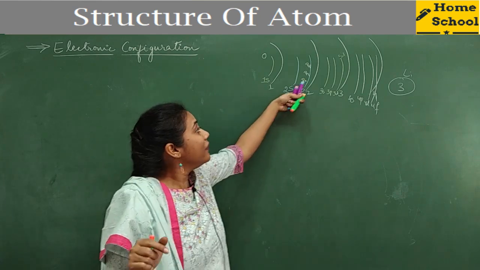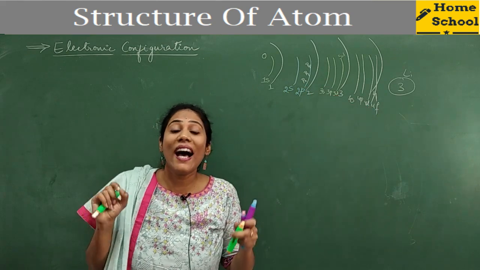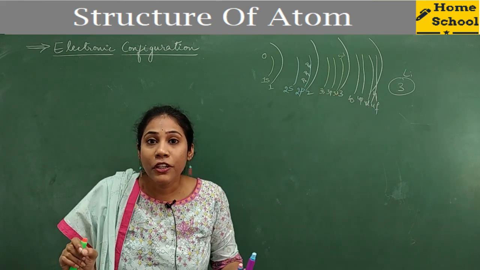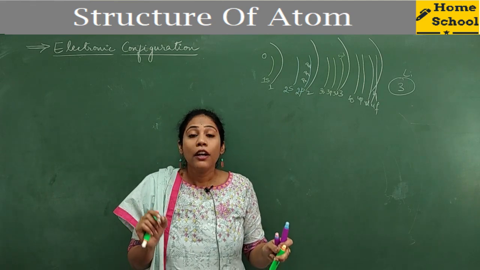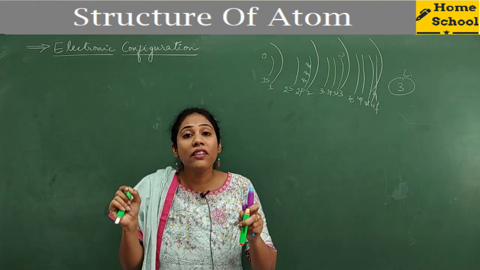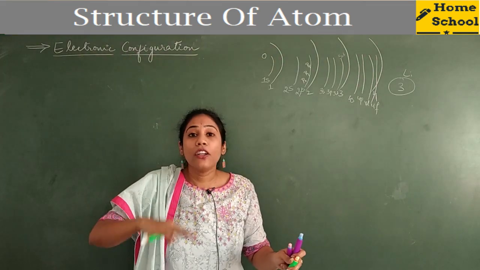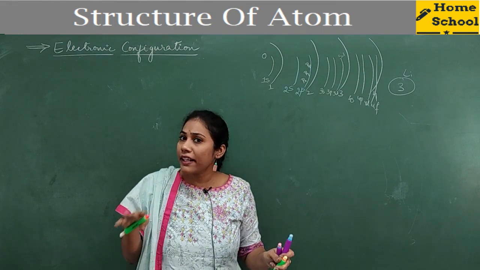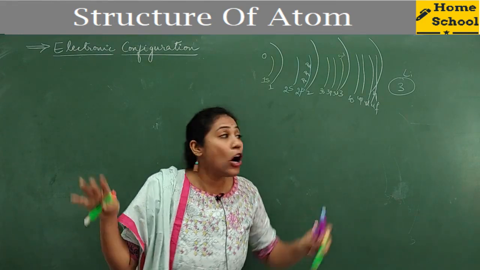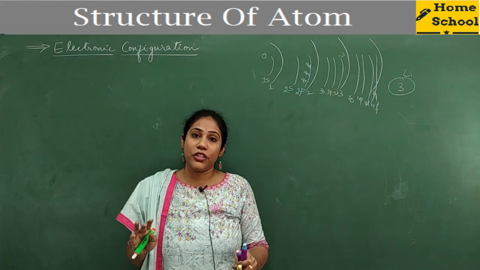I told you every orbital will have a certain energy. Electrons always get filled according to the increasing order of orbital energy.